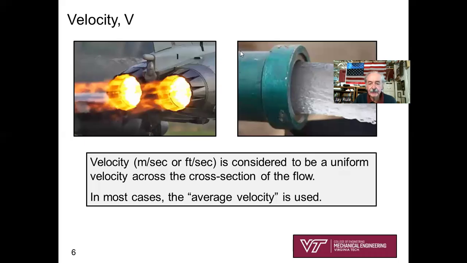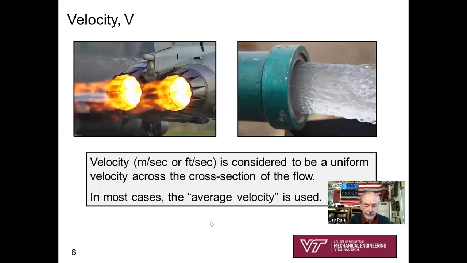The velocity V. In our modeling, some folks that are taking or have taken fluid mechanics will do a little argumentation about this, but just agree with me that for our purposes, the velocity in meters per second or feet per second is considered to be a uniform velocity across the cross section of the flow.